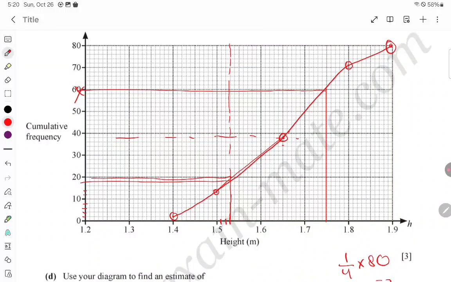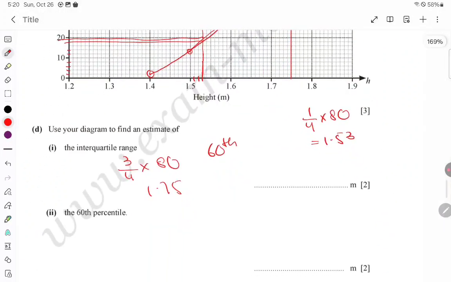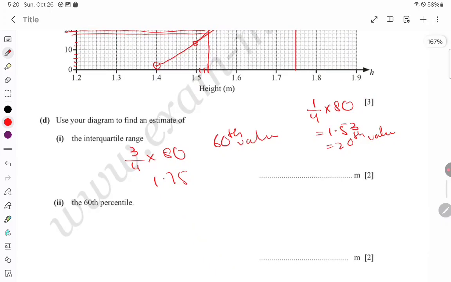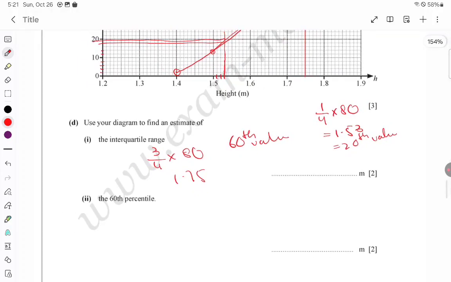This is almost the 20th value, and for the lower quartile it will be the 20th value. So for the interquartile range, this is upper minus lower quartile, 1.75 minus 1.53, and we get an answer of 0.22 meters.